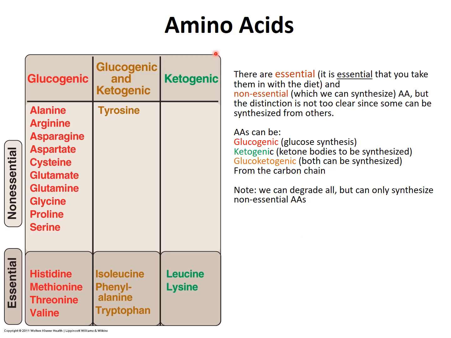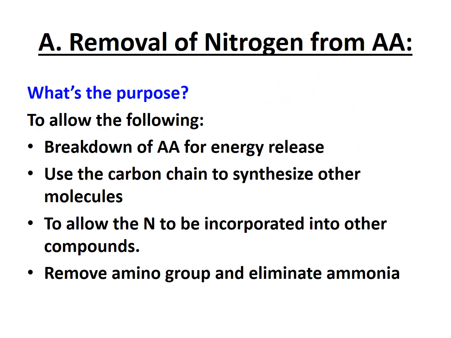And you will see in the catabolism of amino acid section that I will talk about how glucogenic and mixed function amino acid carbon chains can be used for glucose synthesis, and which are these two only, the only ketogenic amino acids that will be used for ketone body synthesis.